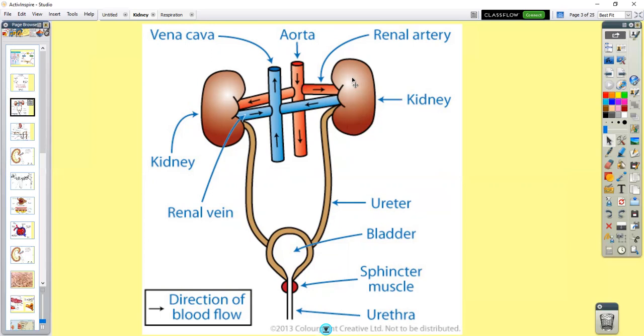Any waste materials like urea, excess water, excess amino acids, that type of thing, will be got rid of within the kidney. Blood passes out through the renal vein and back to the heart, bringing the useful materials back. Any waste material will pass down the ureter and be stored in the bladder, ready for excretion.